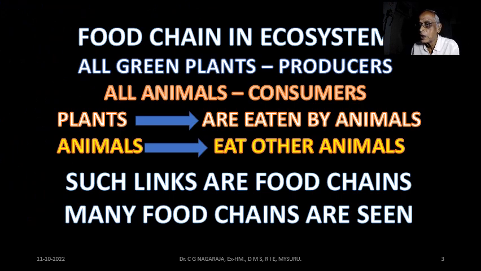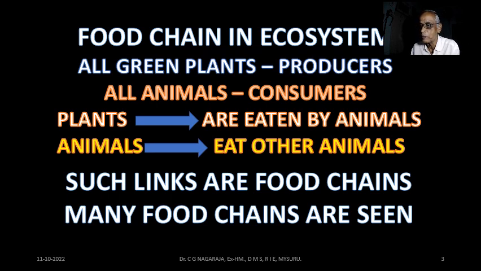In order to explain food chain, you should know that all green plants are called producers because they manufacture food using carbon dioxide, water and sunlight by using chloroplast. Only plants can do that. That means for all the living beings in the world, plants are the manufacturers of the food, so they are called producers. Animals are called consumers.